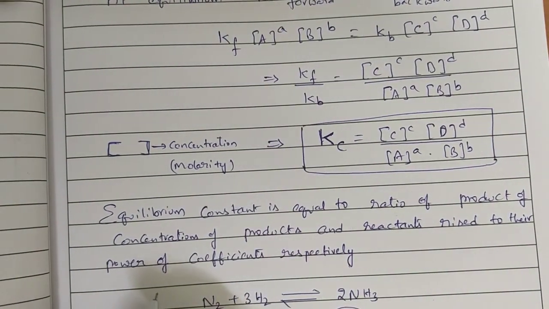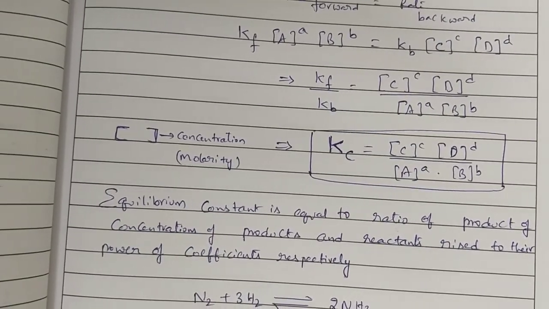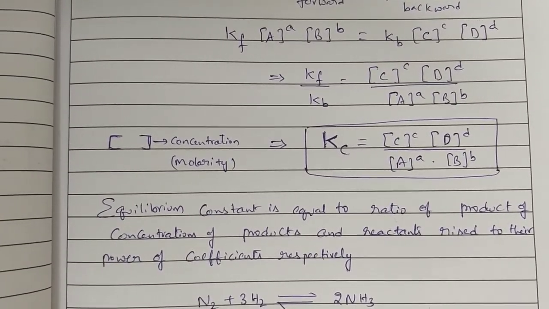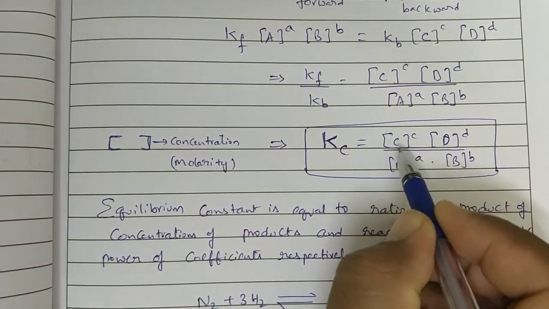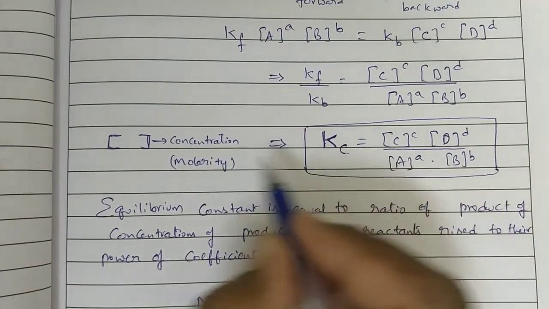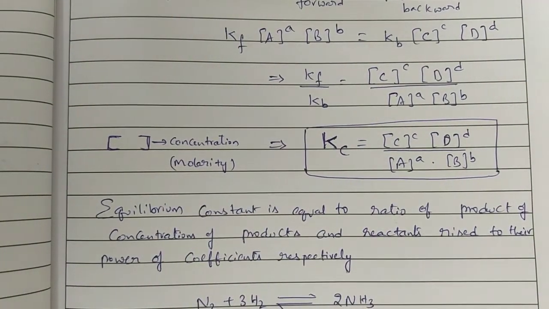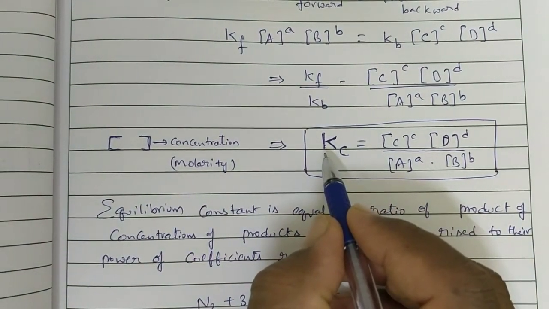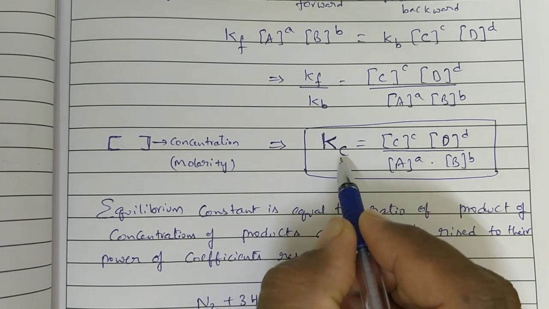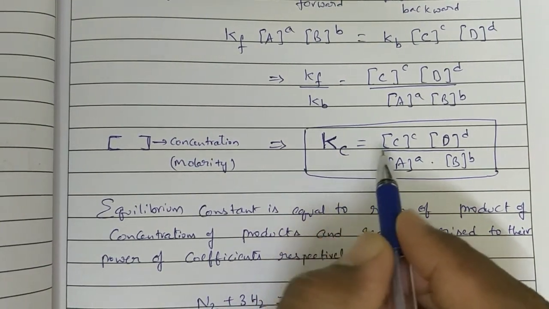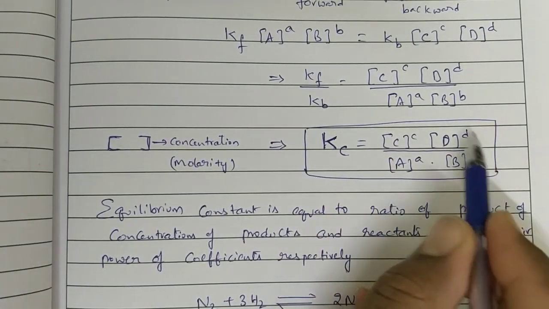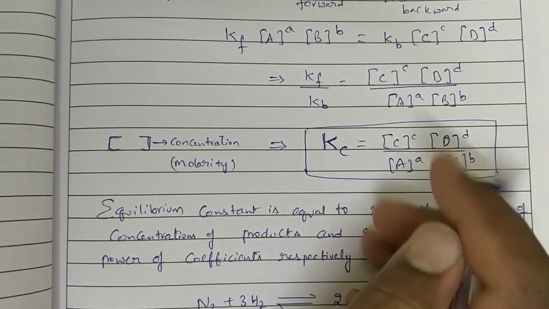We know that molarity is equal to n by V. So wherever we see a square bracket, it denotes concentration, which is nothing but molarity. So when the equilibrium constant is expressed in concentration, that is called Kc. That means reactants and products are expressed in concentration.